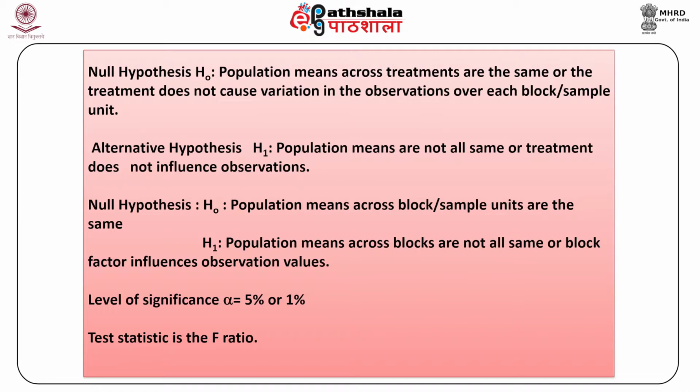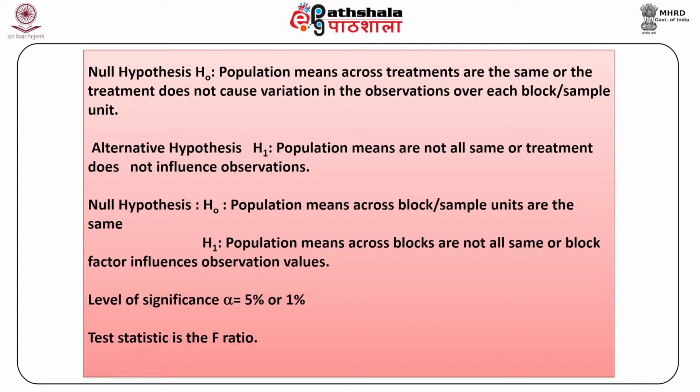Our second null hypothesis H0 is that population means across blocks or sample units are the same. And the alternative hypothesis now is that population means across blocks are not all the same, or the block factor influences the observation values.